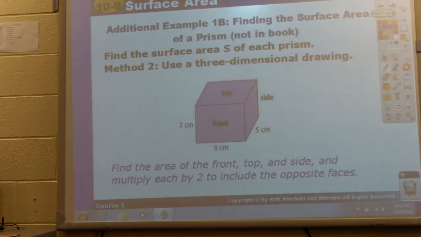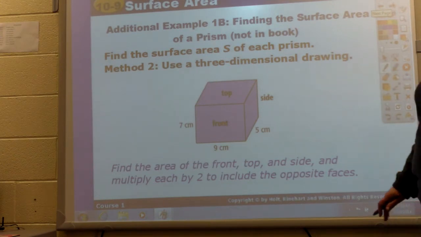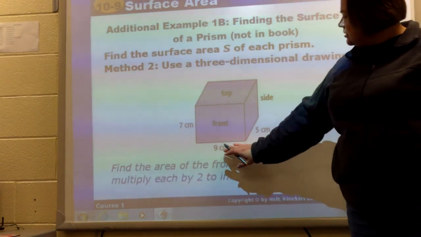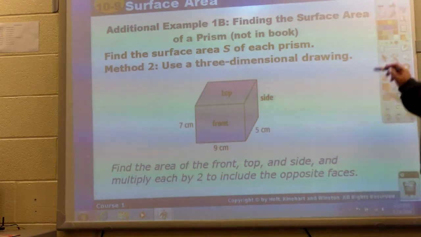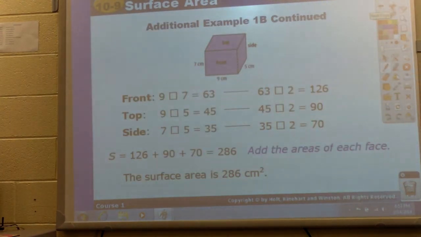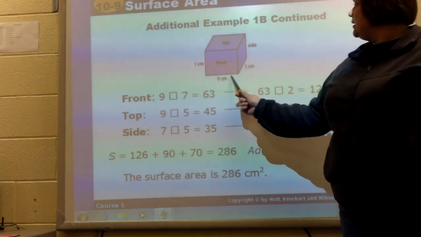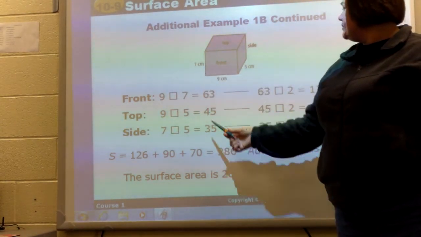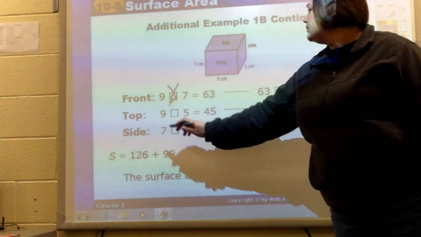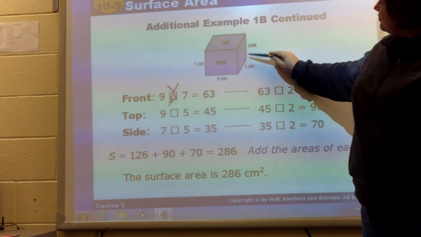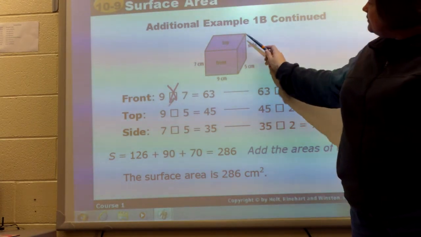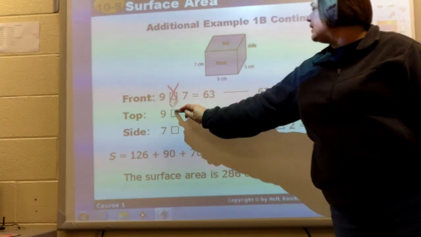Let's look at another example. We have a prism that gives us our dimensions of 9 by 5 by 7. Okay, so I know my front is going to be 9 times 7, which is 63. The top is going to be, this is going to be 5 because this is 5, so 5 times 9 is 45.